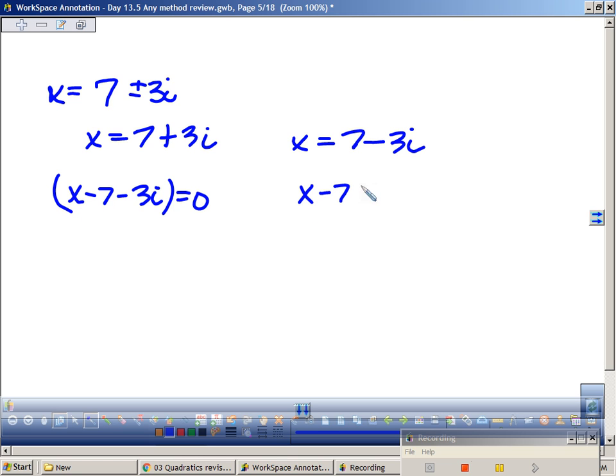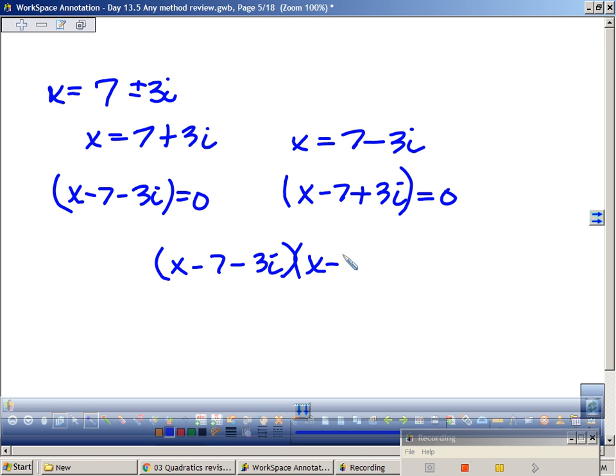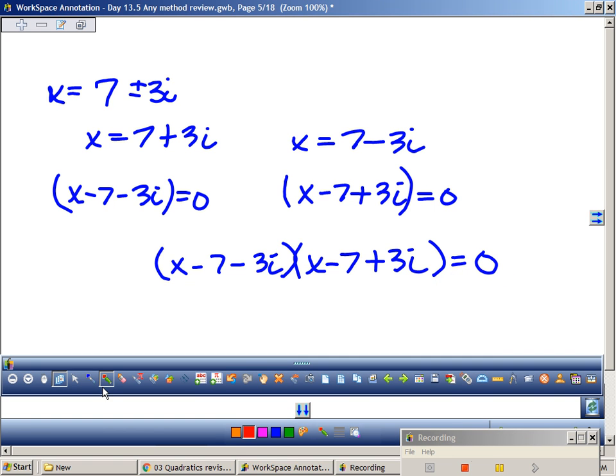And this one would be x minus 7 plus 3i equals 0. Now I'm going to put them together. x minus 7 minus 3i, x minus 7 plus 3i equals 0. And if you notice, these two match. This is the only part right here that's actually the plus and minus part.